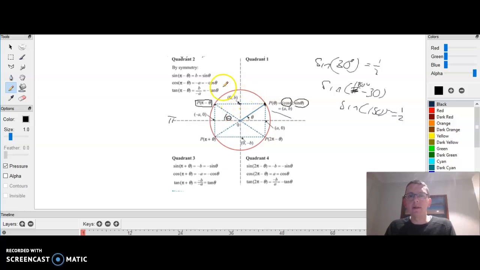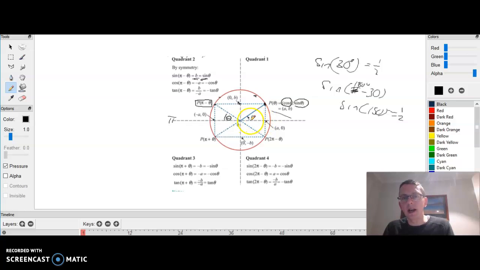So we're looking at symmetry properties. Notice that sine of pi minus theta is the same height, therefore it's equal to the same thing. If we took theta up to here and I went pi minus theta, I'd be up here, still the same height on the y-axis. But if you think about the x-coordinate, it gives you the length there.